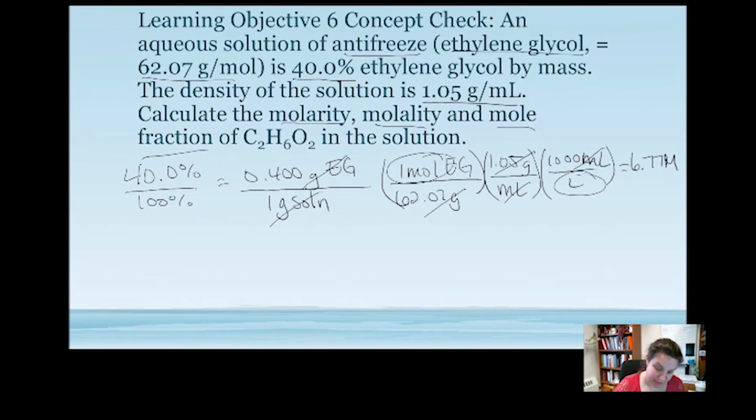Okay. We can also say, if we have 1 gram of solution, we have 0.400 grams of ethylene glycol. So we take the fact that our total solution is ethylene glycol plus water, we'd say 1 gram minus 0.400 grams gives us 0.600 grams of water.